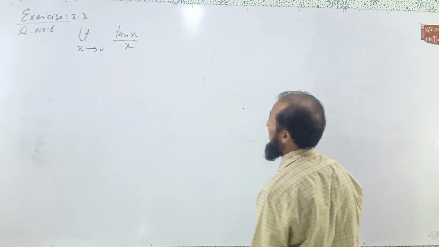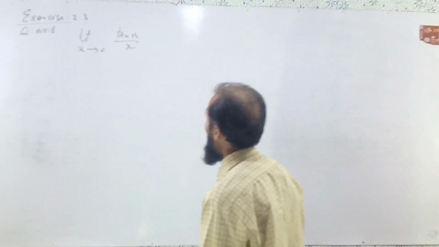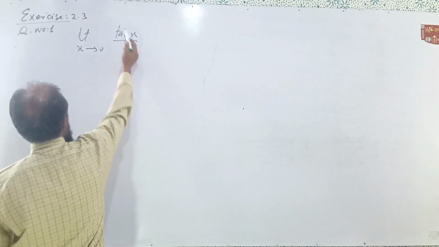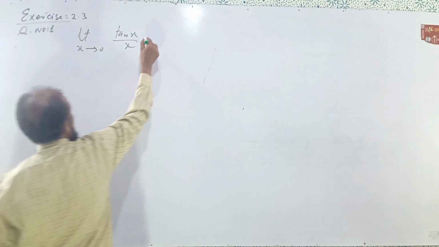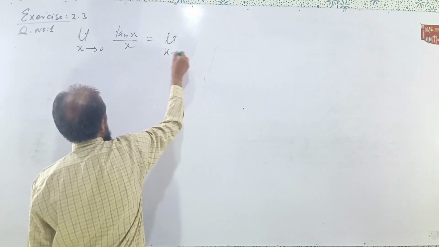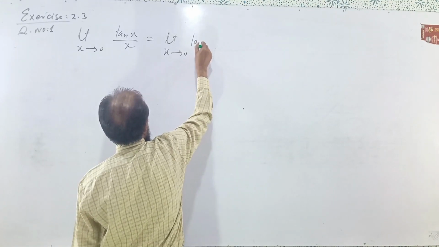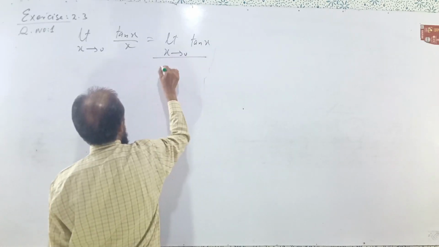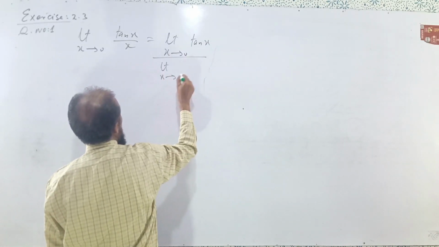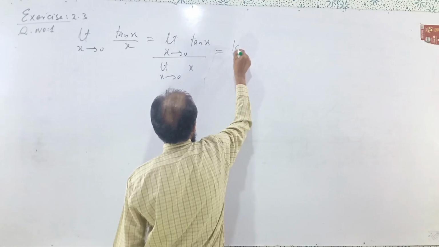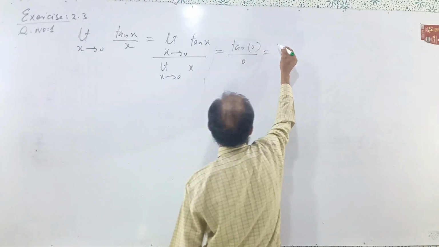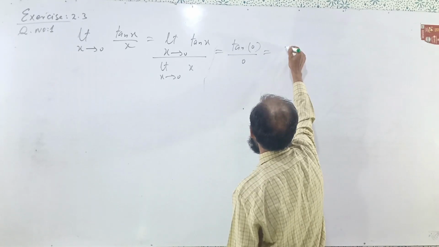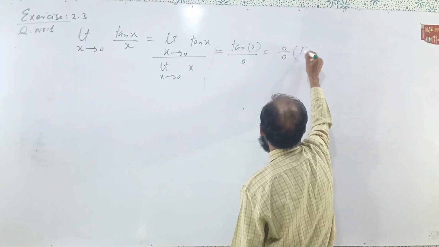Next, limit of tangent x divided by x. If we directly put limit x tends to 0 of tangent x divided by limit x tends to 0 of x, it means tangent 0 divided by 0, which is 0 divided by 0 form.